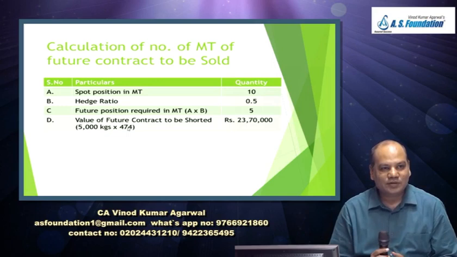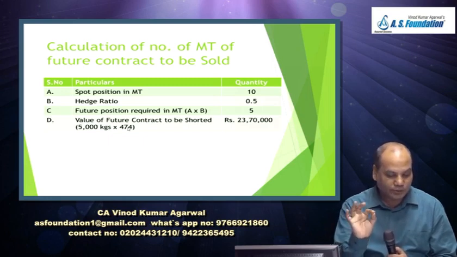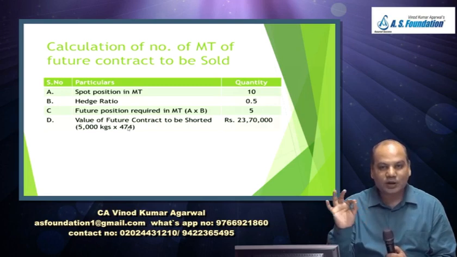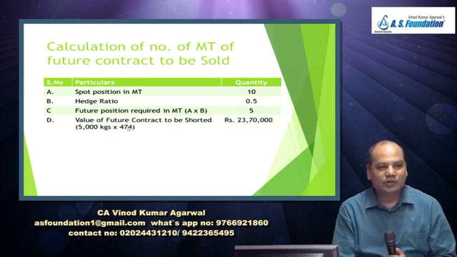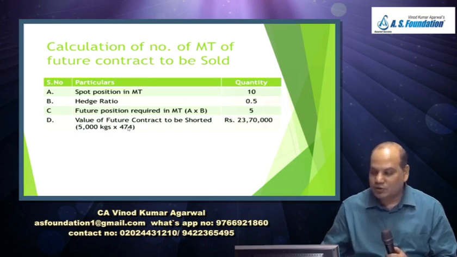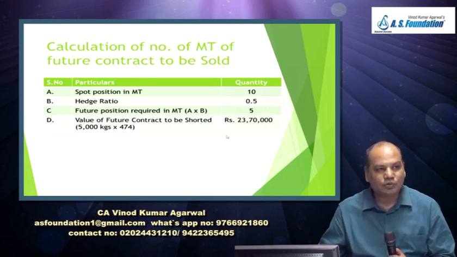That's a wise strategy. So value of future contract to be shorted: 5 ton means 5000 kgs, because in the problem you are given 474 per kg. So multiply by 5000 kgs. This is the value of future contract you have to go short.